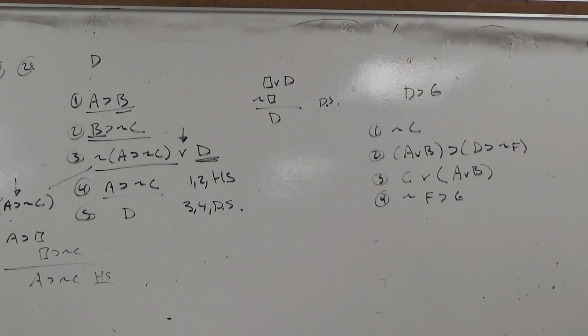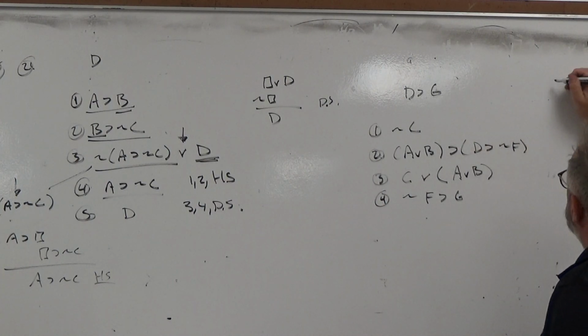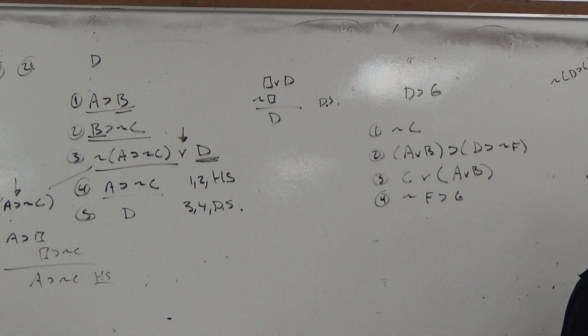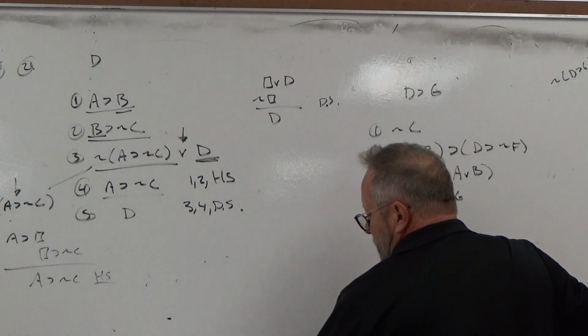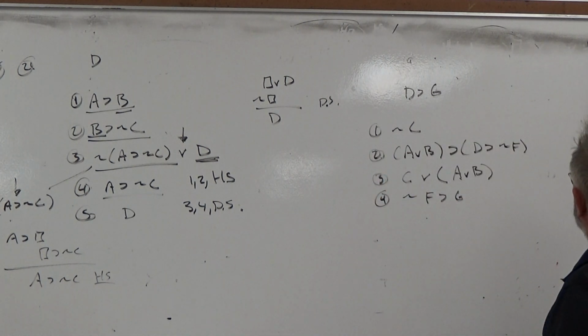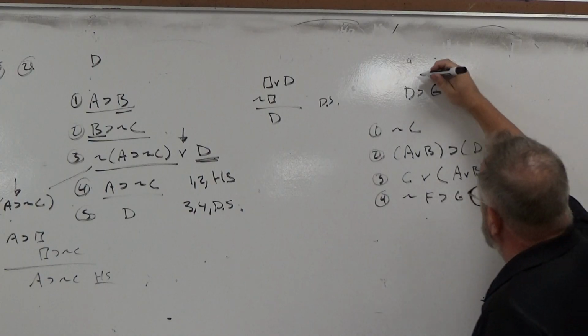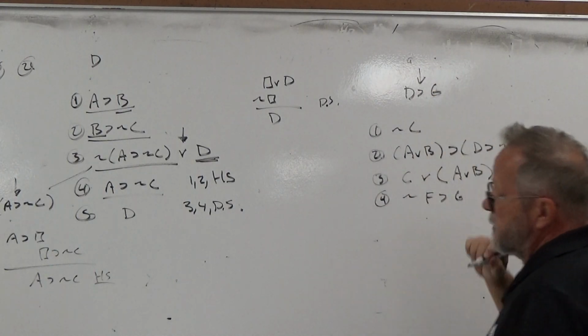Don't see it. So the next thing I would do is look for its opposite, not D then G, in the antecedent of a conditional. I don't see that either. So I'm on to my third item, and that means I have to start looking at what this operator is.